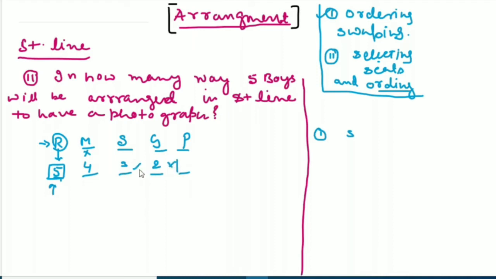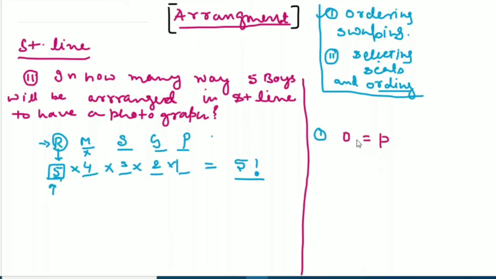And all of the chairs have to be occupied in order to make one photograph. Means all of them are compulsory events. Compulsory events means you have to multiply them, the way I did it here. And after multiplication, I need not tell you that this is called 5 factorial. So understand, whenever the number of persons is equal to the number of chairs, that is scenario number one, option is equal to place.